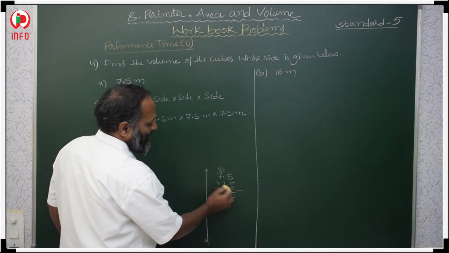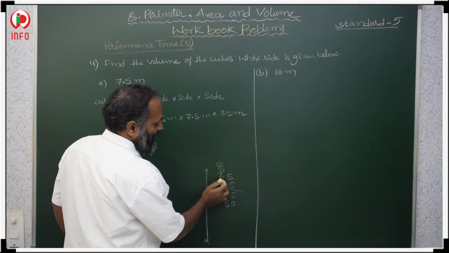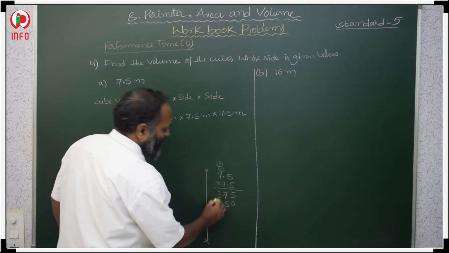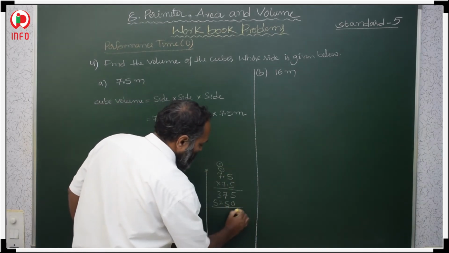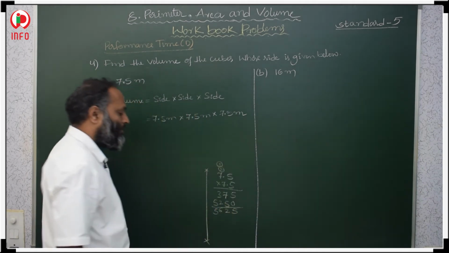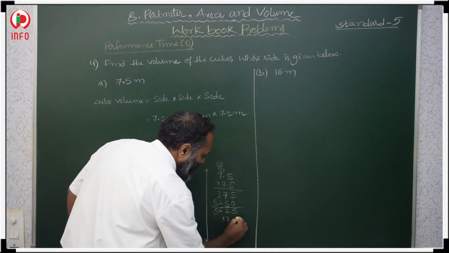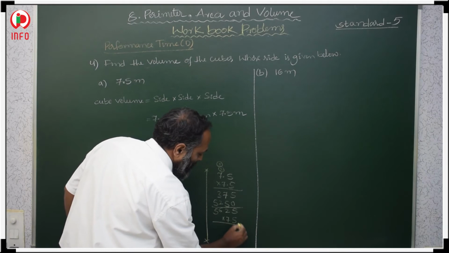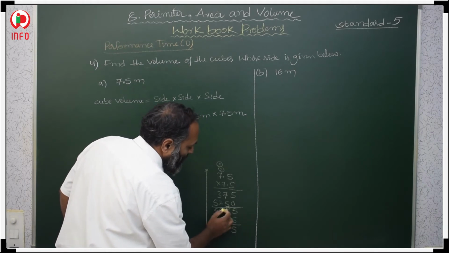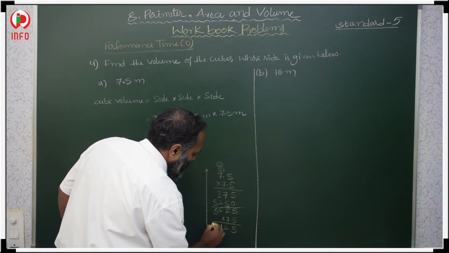Now with 7, 0 first. 7 5s are 35, 3. 7 7s are 49, 52. Then 5, 12, 6, 5. So 56.25 with 7.5 again. 5 5s are 25, 2. 5 2s are 10, 11, 12, 1. 5 6s are 30, 31, 3. 25, 28.